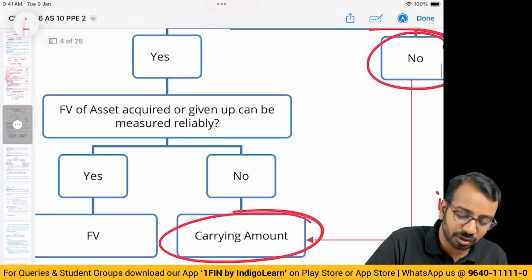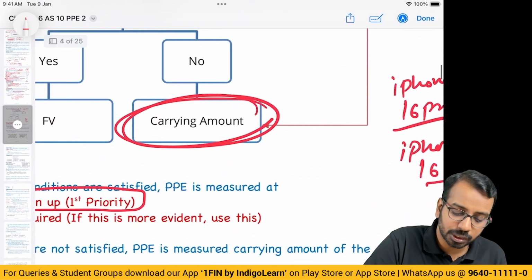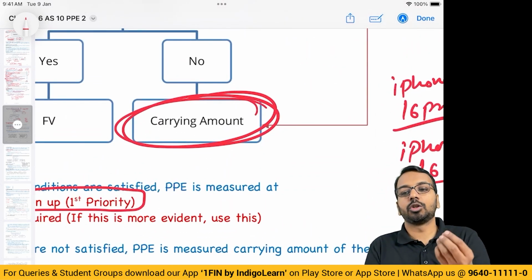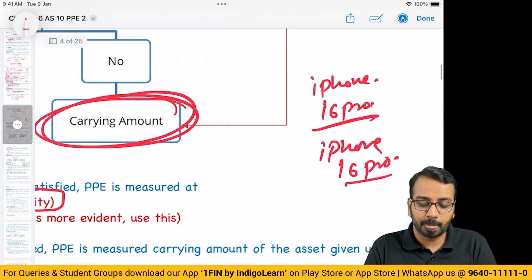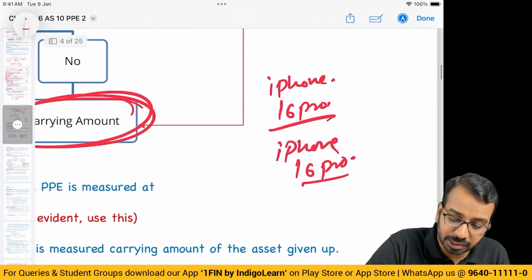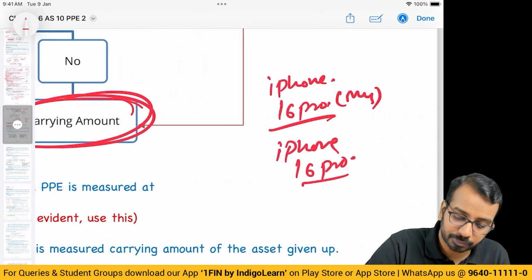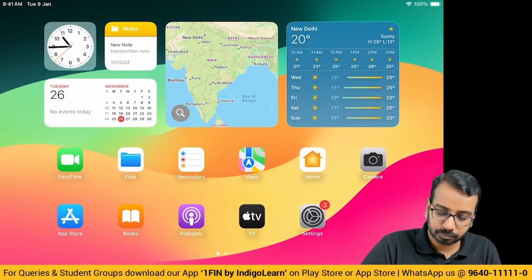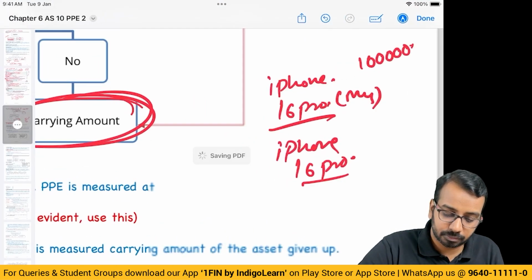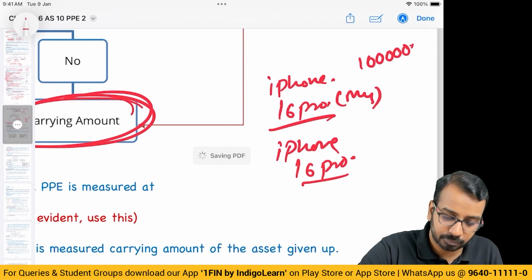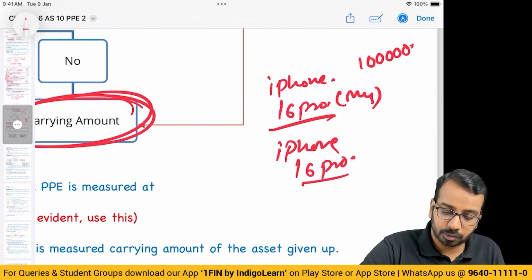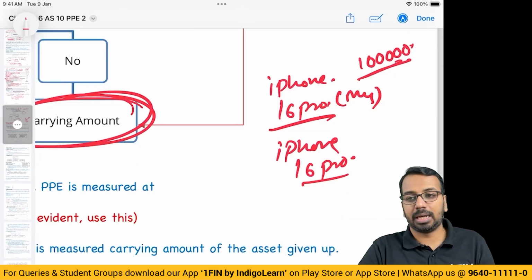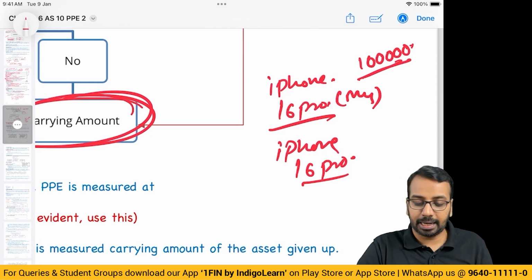If the transaction does not have commercial substance, we will use the carrying amount of the asset given up to record the new asset. What does that mean? Say for example, this is my iPhone 16 Pro. It is recorded at, let us say, 1 lakh.